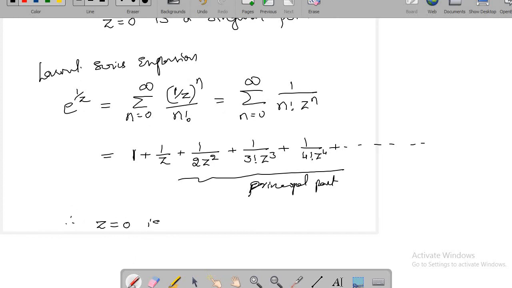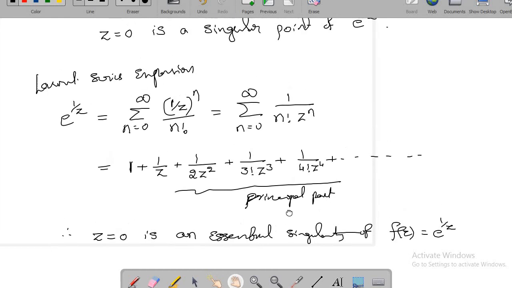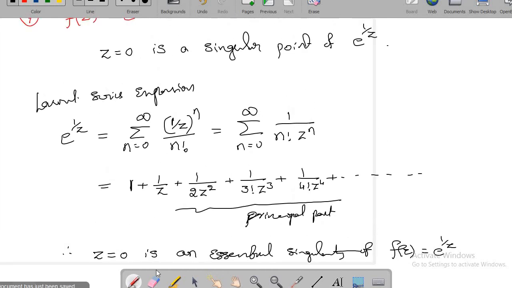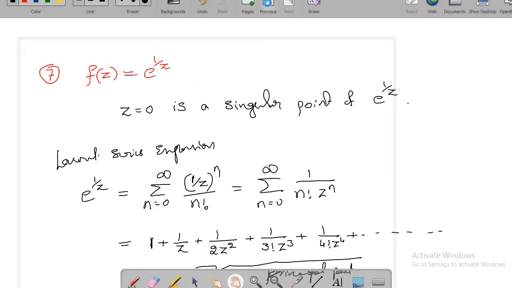So z equal to 0 is it removable or pole or essential? Essential. Yes. This is an essential singularity. So these are the classifications of a singular point, based on the Laurent series expansion.